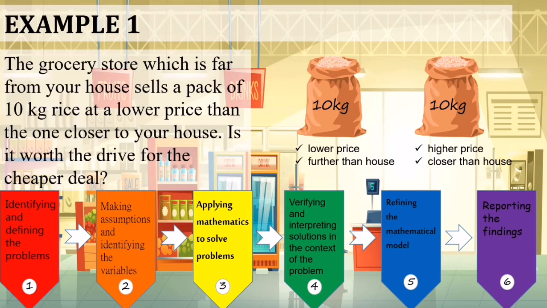One pack of 10 kg rice has a lower price, but the store that sells it is further from the house. Another pack of 10 kg rice has a higher price, but the store that sells it is closer to the house. In this case, we can use mathematical modeling to solve the problem.